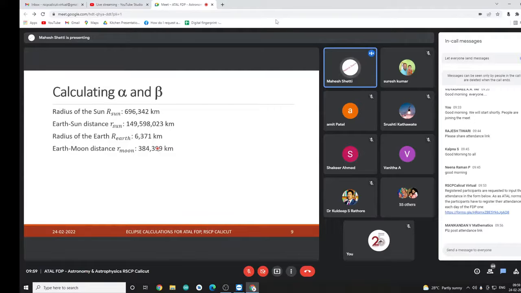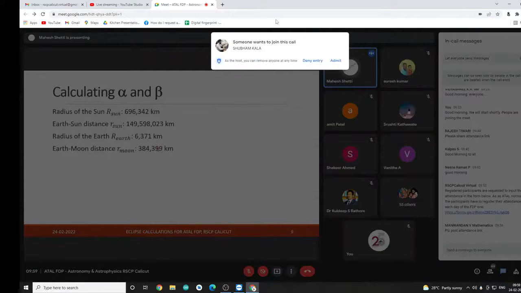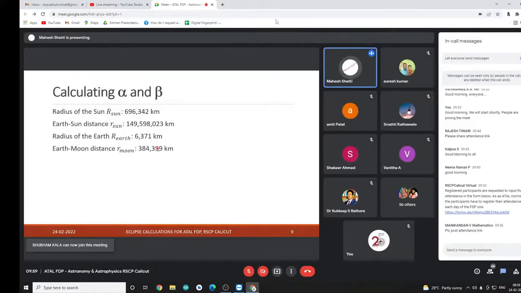The eccentricity for Earth's orbit is quite small, 0.016, but for the Moon's orbit it is quite larger, 0.055, and therefore the Moon can come much closer and go much farther away from the Earth. But we'll first do the calculation for the average distance. In reality, in certain conditions the eclipses are going to be more favorable, and in other conditions eclipses will be less favorable. So now let us do some calculation.